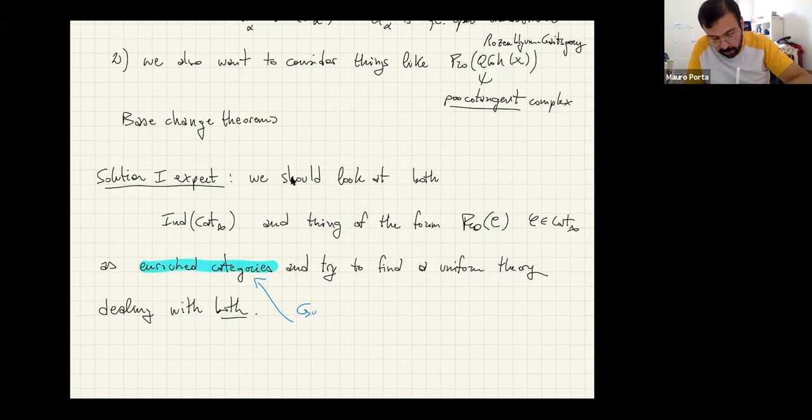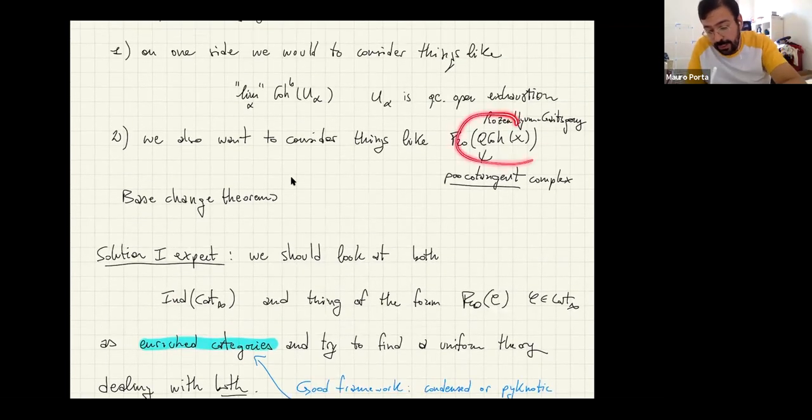The good framework should be either condensed or pyknotic framework. Definitely, this side.